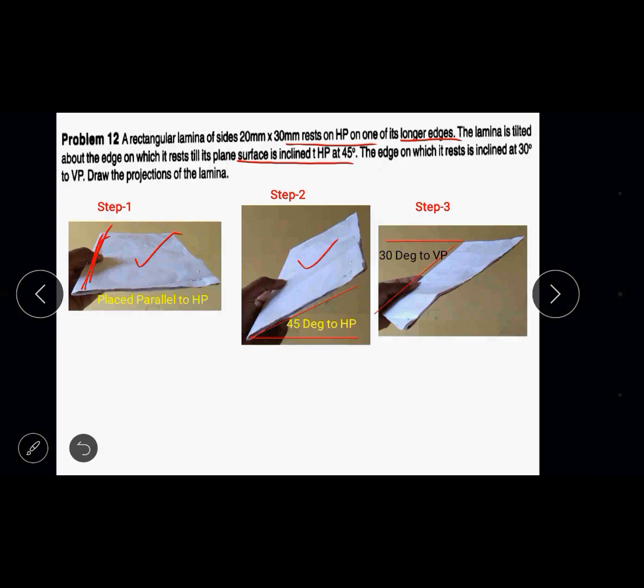Coming to the second figure, surface inclination is covered. The surface of the lamina is inclined 45 degrees to HP. You can observe in the second figure, I have held the longer edge.